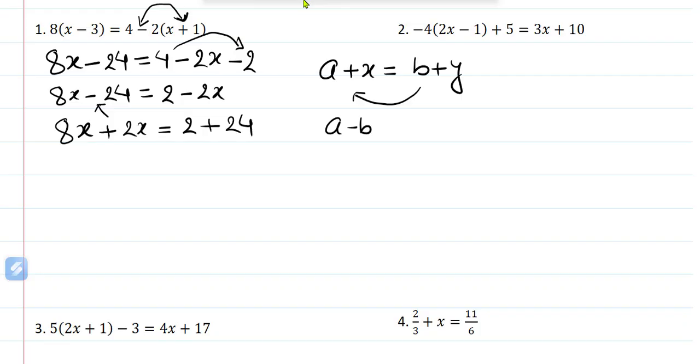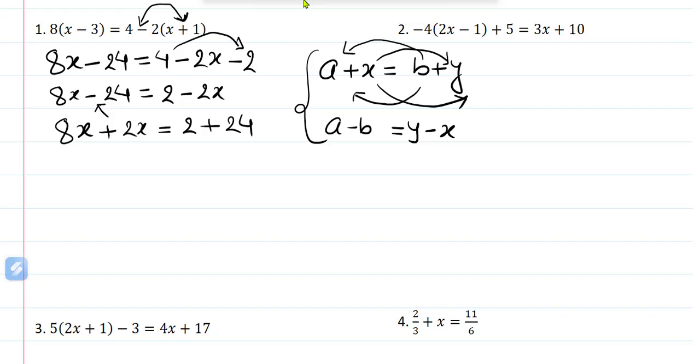Now when you change this x to the right hand side, that will be y minus x. So simply this is the relation. When you change one term to the next side, we change the sign of that term.